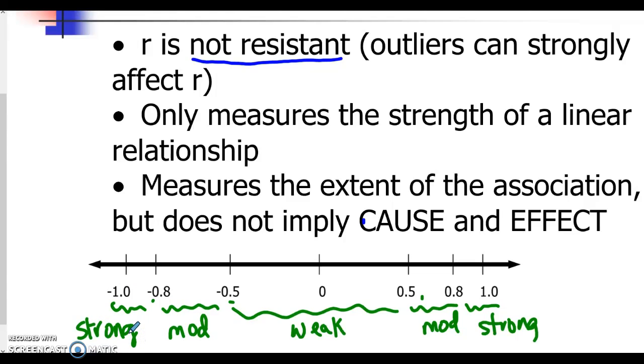If you think there's no relationship between two variables, that means your correlation is going to be somewhere around 0. And you end up getting an R value of 0.33, that's probably a lot stronger than what you would have thought if you expected no relationship between the variables. So it somewhat depends on the context of the problem.